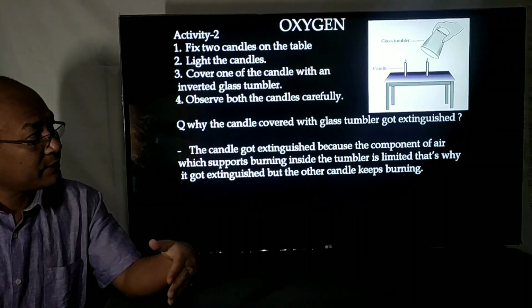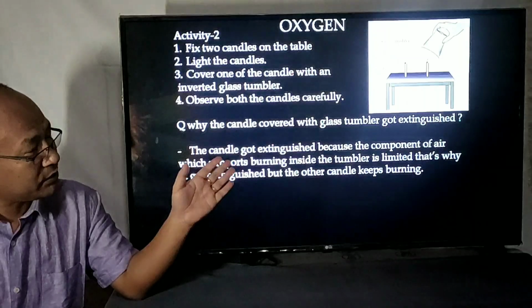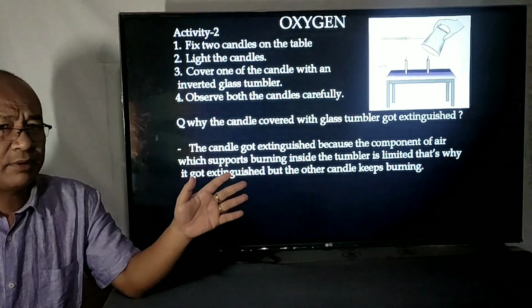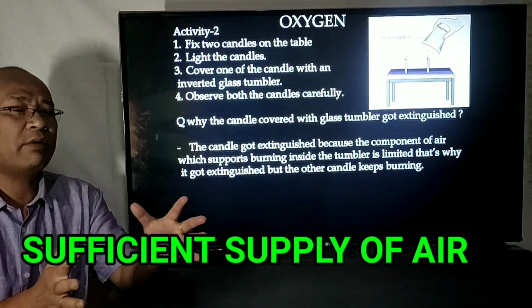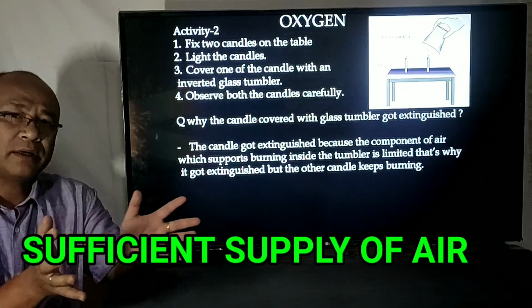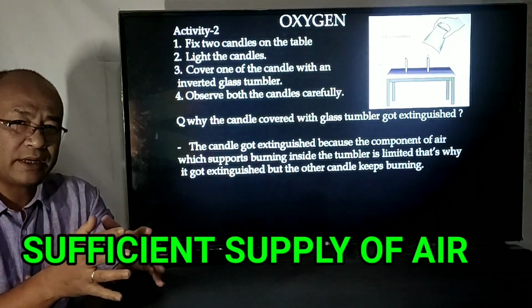But on the other side, the candle which is not covered by the glass tumbler kept on burning, because there was a supply of air, a supply of oxygen, in the surroundings.